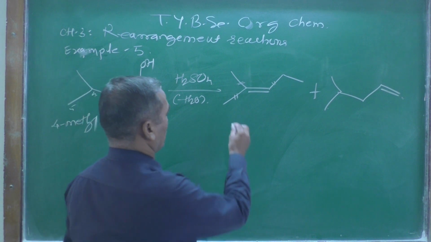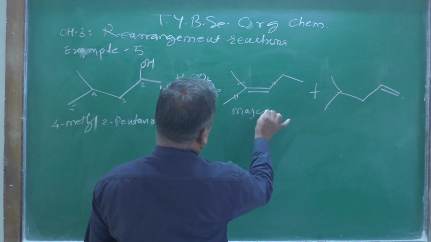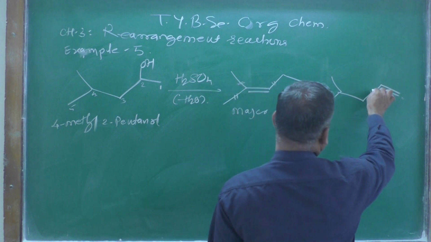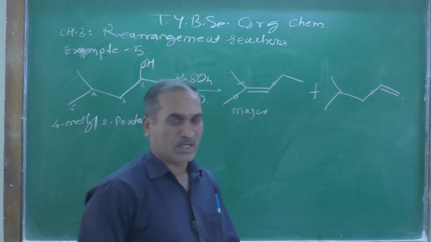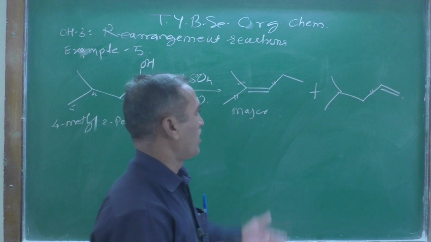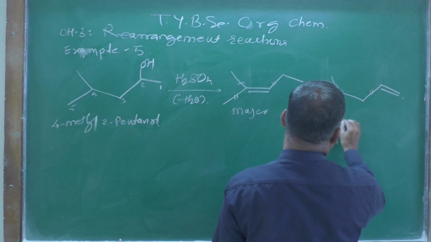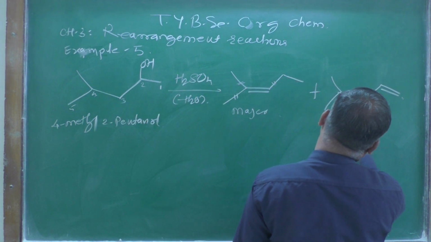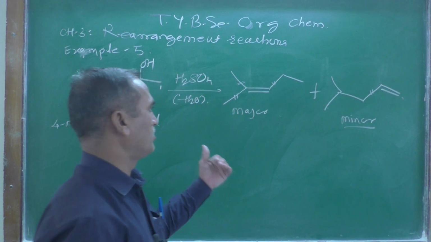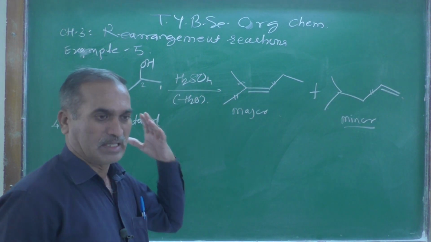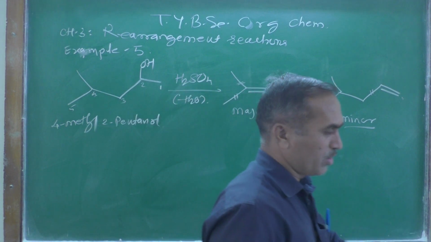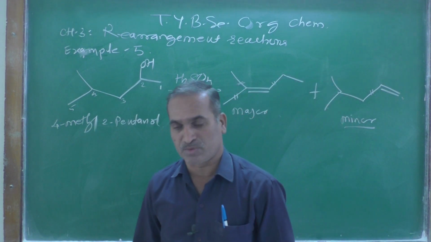Therefore this is tri-substituted. This is the major product and this is mono-substituted. On one side the olefin is substituted and therefore it is called mono-substituted, and we get it as the minor product. Again, this is clear according to the definition of that CH-3 rule.